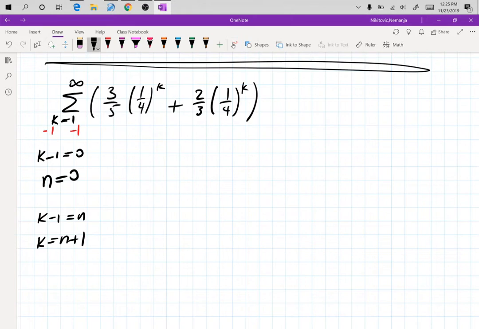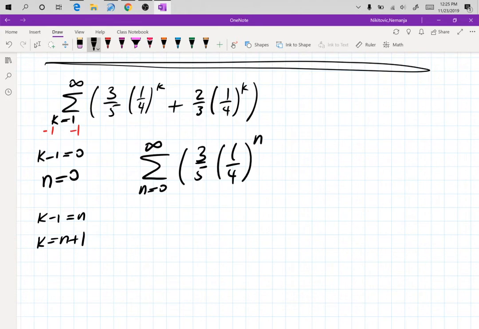This is a transformation that you have to pull off, and as the numbers change, it changes accordingly, right? So you can start your k at 7, and then you will be subtracting 7 on both sides. You will have k minus 7, and eventually k equals n plus 7. So now the summation will start at n equals 0, go to infinity, and then you have your 3/5 times 1/4 raised to the k, which is n plus 1, plus 2/3 times 1/4 to the n plus 1.